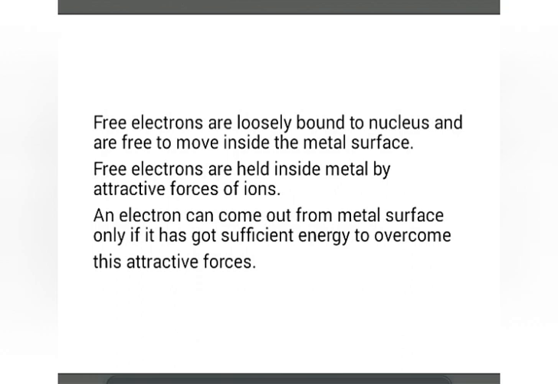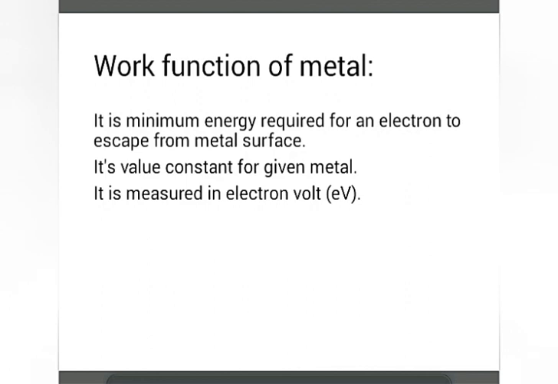Hence the work function of the metal can be defined as the minimum energy required for an electron to escape from the metal surface. Its value is constant for a given metal and it is measured in electron volt. As you know, in mechanics, joule is used to measure energy.